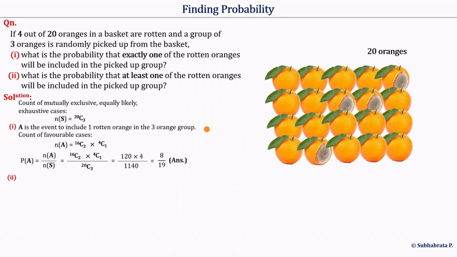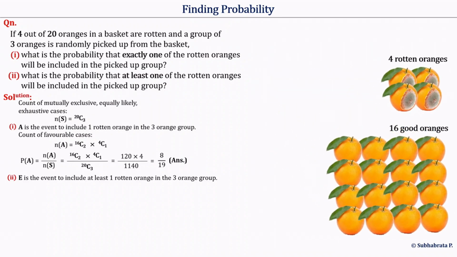Now for question 2, let's assume E is the event to include at least 1 rotten orange in the group of 3 oranges we pick up. That means in favorable cases for this event, we can randomly pick a group of 3 oranges which can have 1 rotten orange or 2 rotten oranges or 3 rotten oranges.